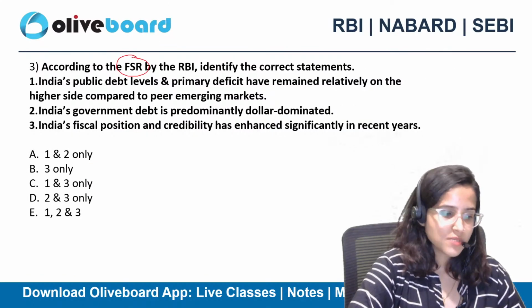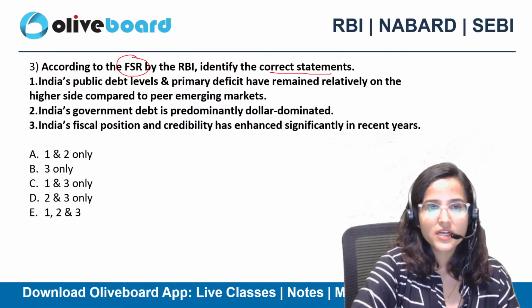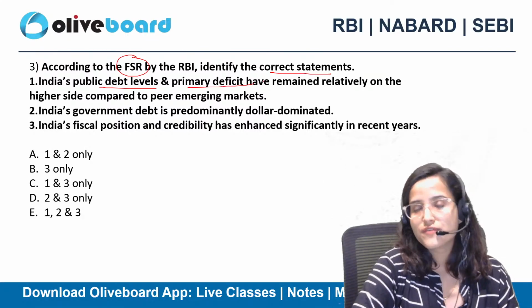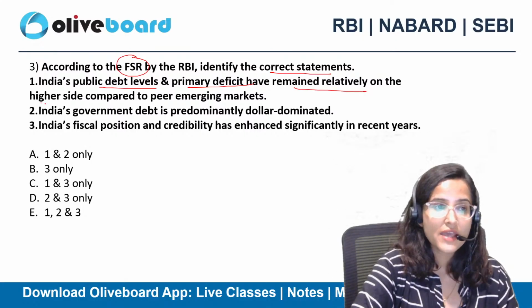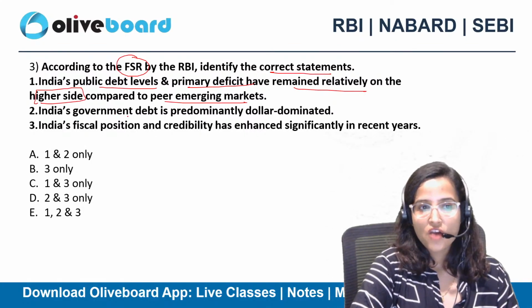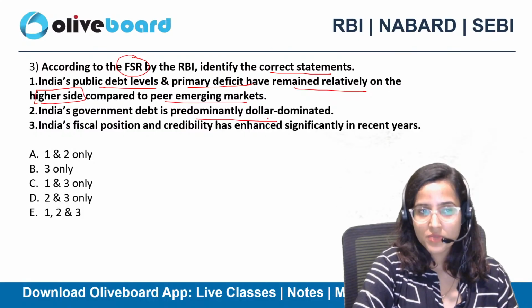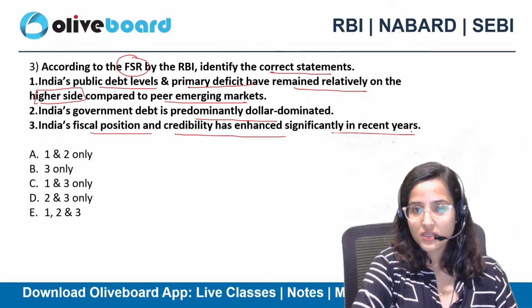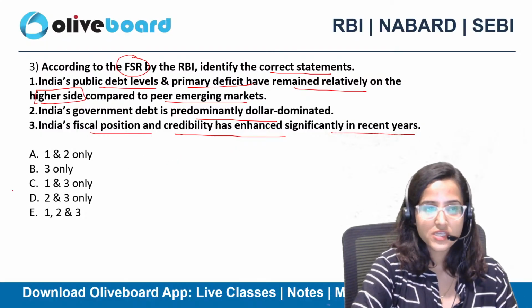According to the Financial Stability Report by RBI, identify the correct statements. One, India's public debt levels and primary deficit have remained relatively on the higher side compared to peer emerging markets. Two, India's government debt is predominantly dollar denominated. Three, India's fiscal position and credibility has enhanced significantly in recent years.